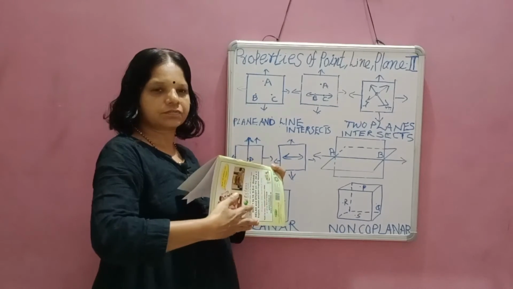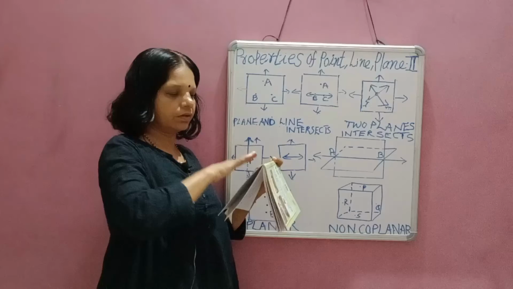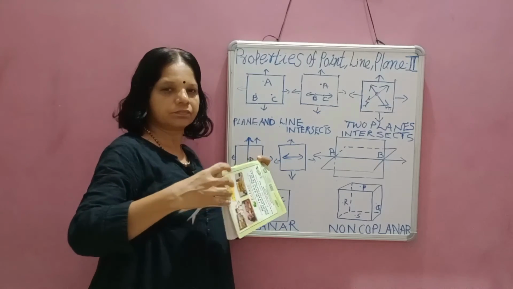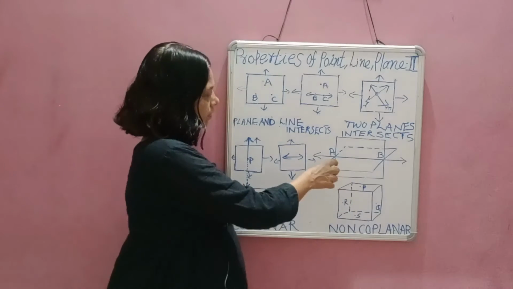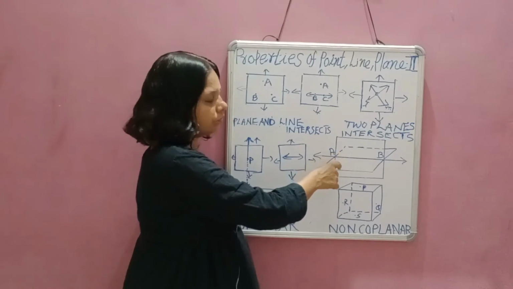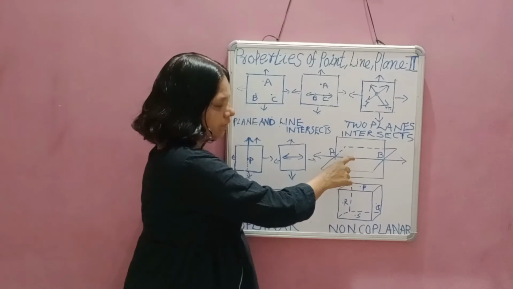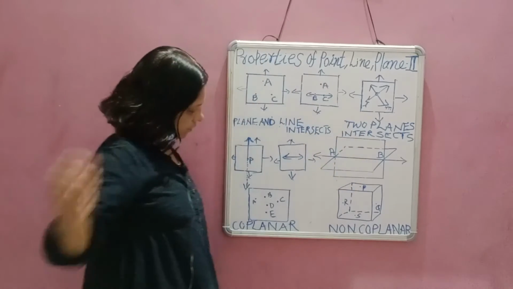One side of this is considered as a plane and this is another plane. When they intersect, a line is formed. Clear? That is, the intersection of two planes is a line.